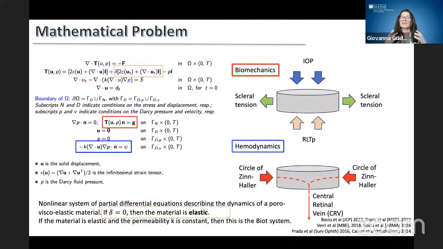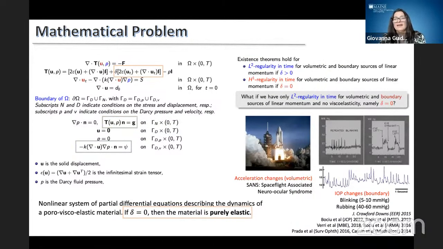So there is some kind of delay and capability of absorbing shocks. And also the boundary conditions must be non-homogeneous, again, to accommodate the driving forces that are typical of this problem.